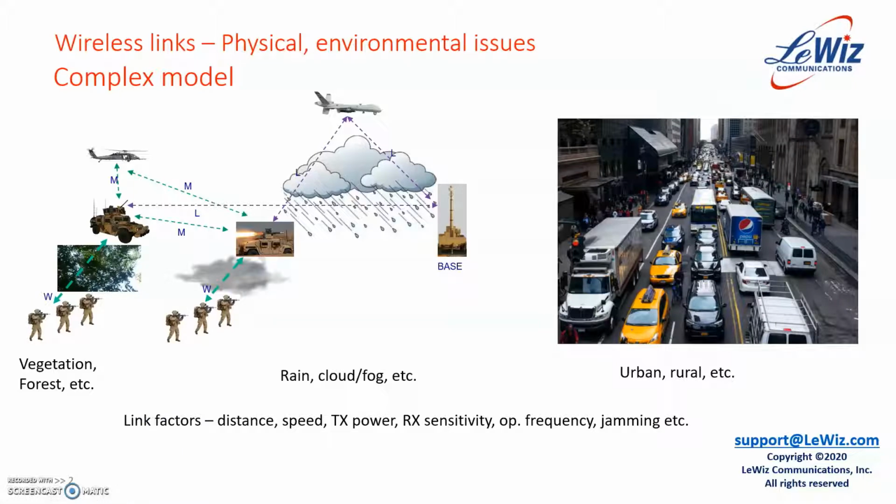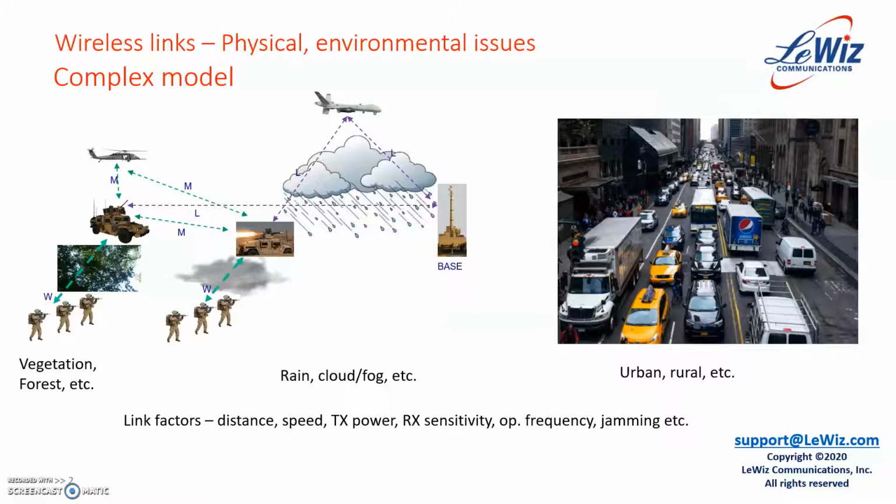Wireless link modeling is complex because of physical and environmental issues. A link can be interfered with by vegetation or environment like a forest, or by weather such as rain, cloud, fog, and other weather conditions. If you are in an urban or rural environment, the effect on the model would be different.